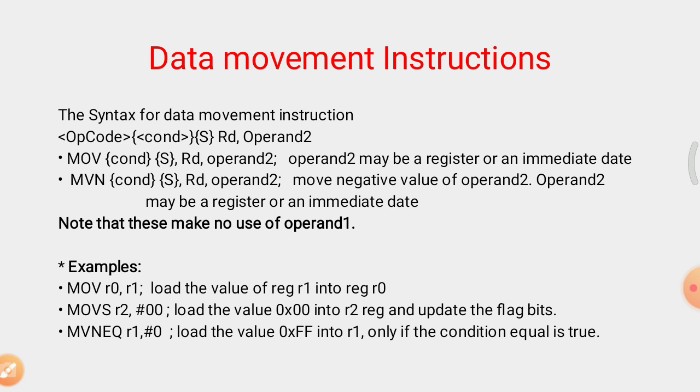So for data movement instructions we have two instructions. The first one is the move instruction, MOV with the condition, with suffix S, then Rd, and then operand 2. So here Rd is going to be any of the registers from R0 to R12, and operand 2 may be a register or an immediate data. Then the value of operand 2 will be copied into the destination register.